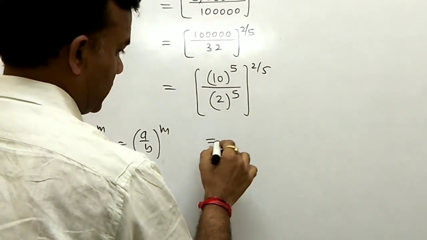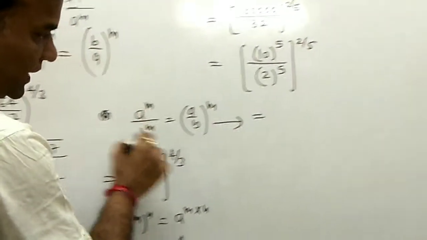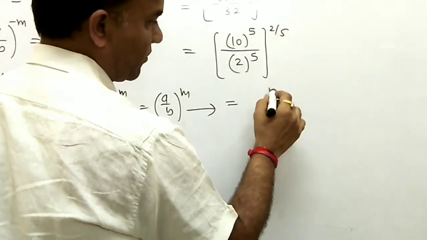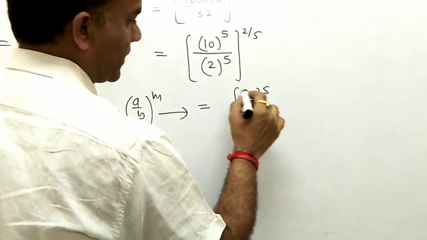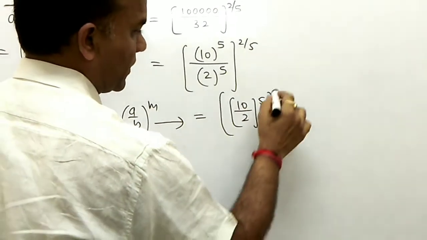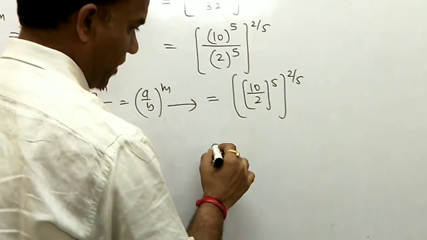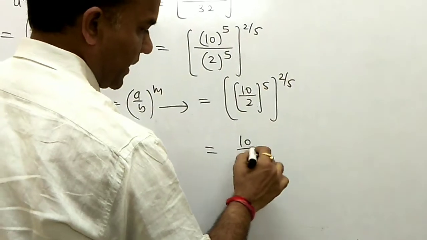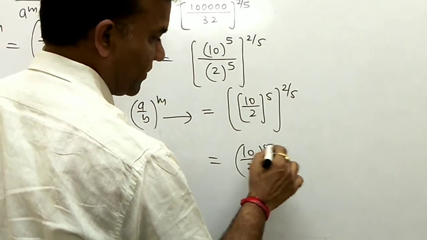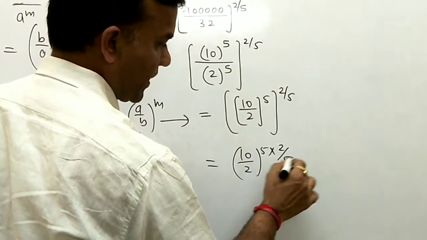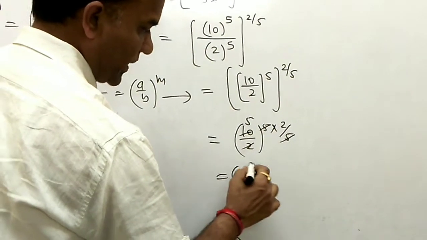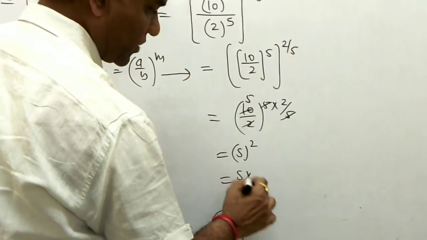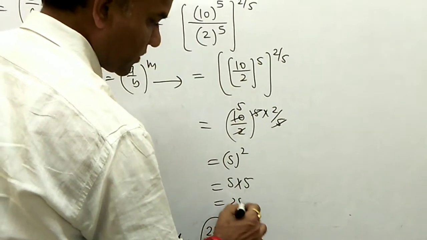So use the same concept, the same rule you apply here: 10 by 2 whole to the power 5, and then to the power 2 by 5. So power to power multiply, and 10 by 2 you write down 5 into 2 by 5. So the 5s cancel out, here 2 is left, so 5 square is given, and 5 square is 5 into 5. So your answer is 25.